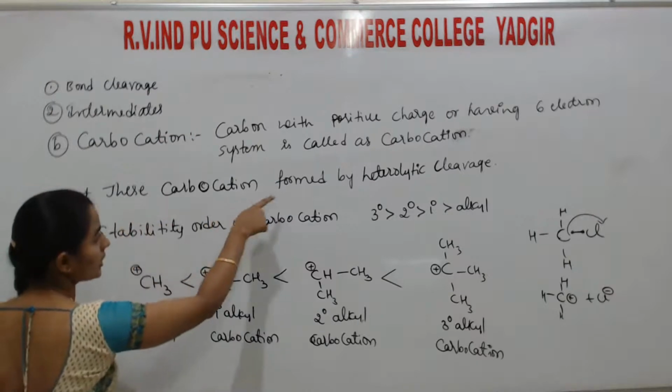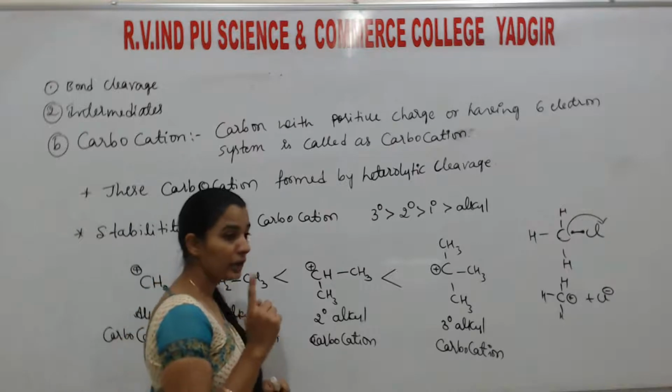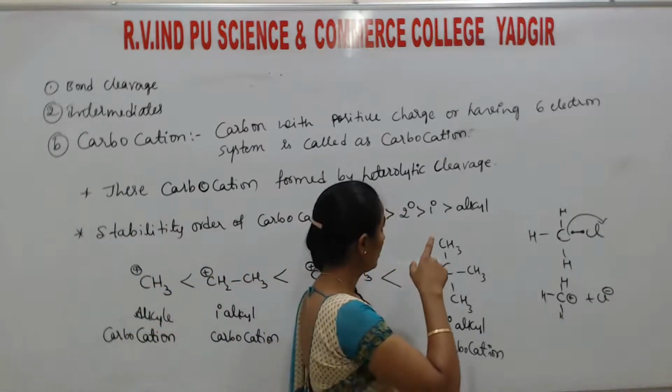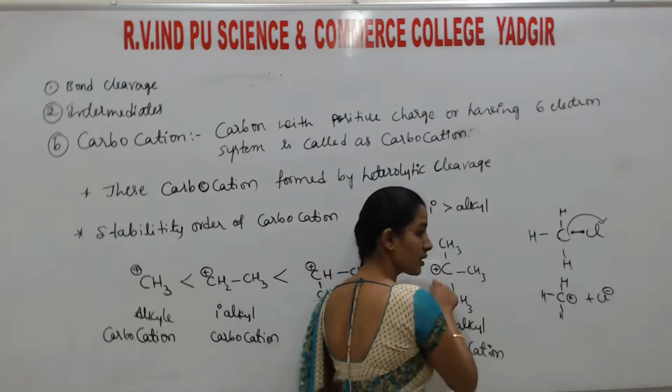Remember students, these carbocations are formed by heterolytic cleavage. In heterolytic cleavage there is also the formation of carbon ion, with a minus charge. When will the positive charge form?